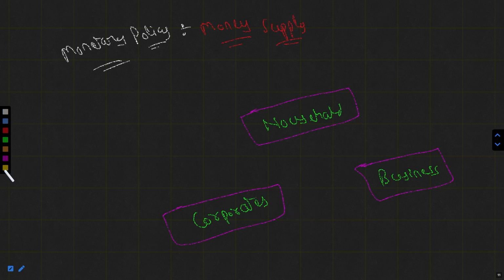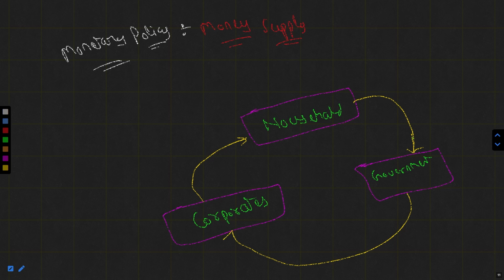So there is a flow of money. The corporates provide salaries to the households, the households pay taxes to the government, and thereafter the government runs various schemes so that the money reaches back to the corporates.